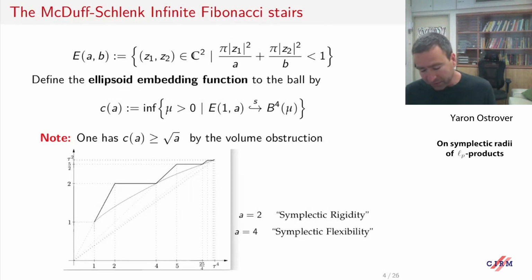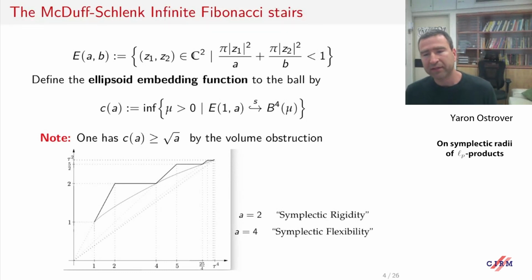But for relatively small values of A, we see that the function is piecewise linear, and there are infinitely many jumps, and the jumping points are somehow closely related with the Fibonacci numbers, as McDuff explained in her talk yesterday.